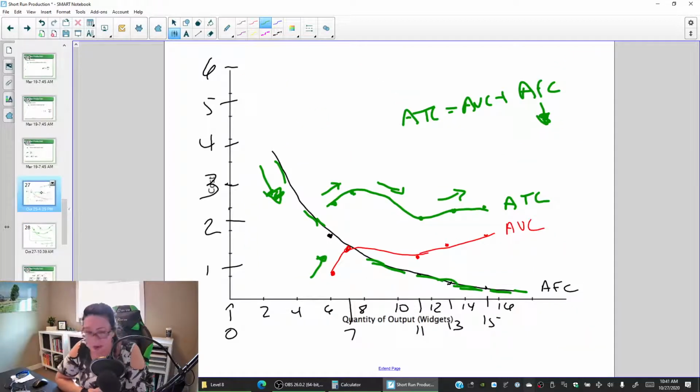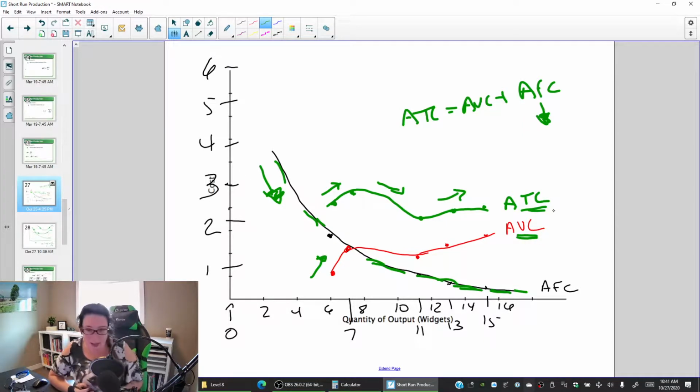In real life, things aren't as pretty and clear, and that's because we may change in the middle of our production who's doing what and how we're delegating the tasks. And so we may see a change in that marginal productivity and that marginal cost, which will then impact the average variable cost and therefore impact average total cost.